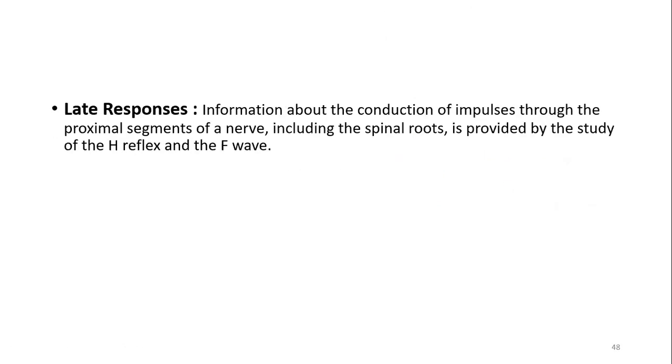The other important thing you want to see from this nerve conduction study is the late responses. These late responses are what we call the H reflex and the F waves. The benefit of the H reflex and F waves, or the late responses, is that they tell us about conduction of impulses through the proximal segment of a nerve, including the spinal roots. That's why we want late responses.